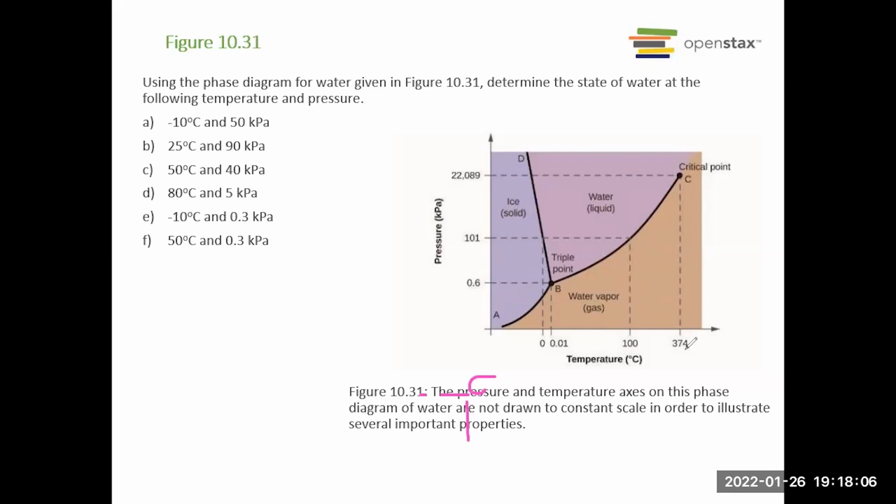Okay, so what phase would we be in? For A, minus 10 degrees Celsius and 50 kilopascals. So 0 degrees Celsius is going to be somewhere like here, right?